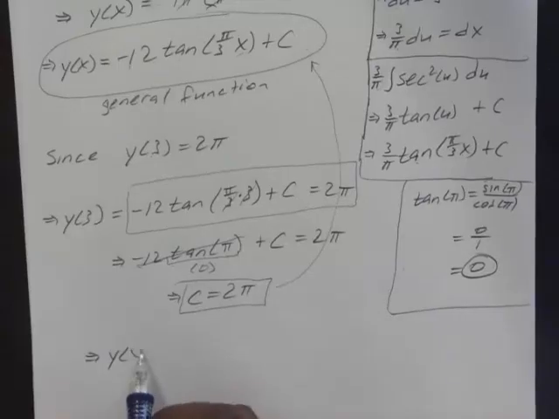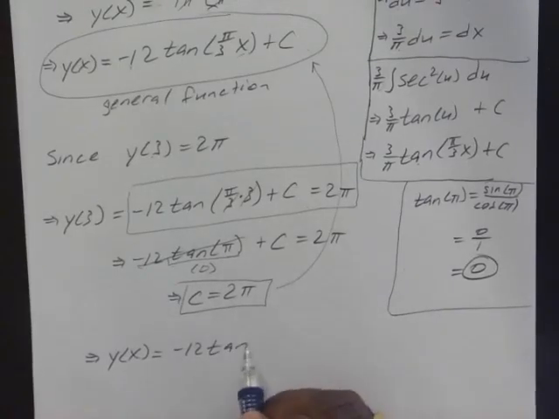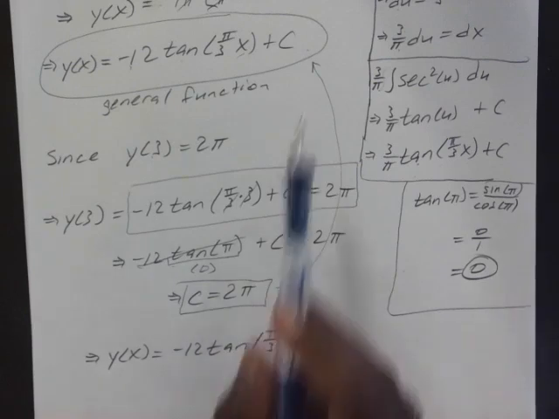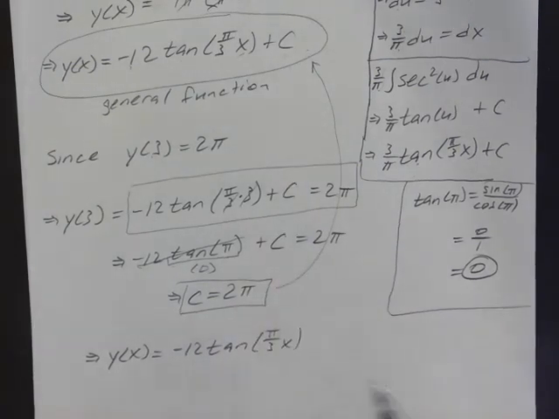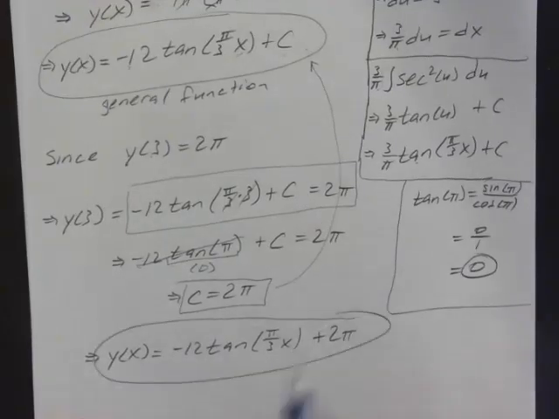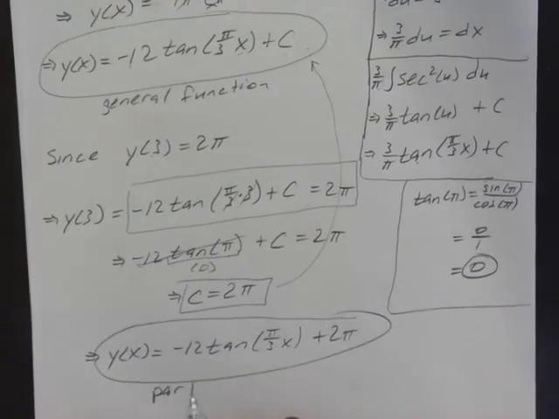So y of x is equal to negative 12 times tangent of pi over 3 times x, and instead of plus c, it's going to be plus 2 pi. And this is our particular function.